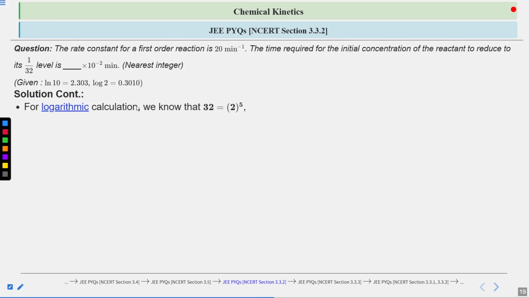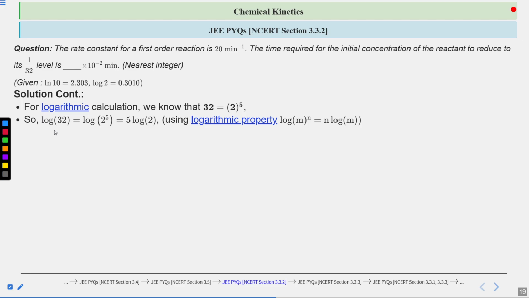Now for the logarithmic calculation, because we have log 32, we can write 32 as 2 to the power 5. Why are we converting this? Because the question already gives the log 2 value, which we can use in the calculation. So log 2 equals 0.3010.